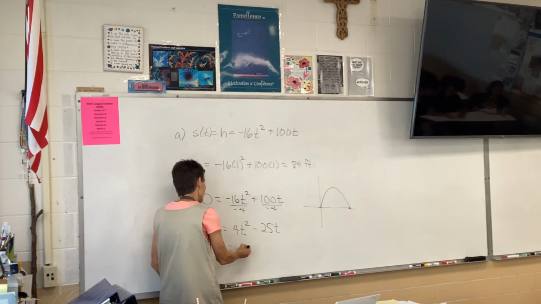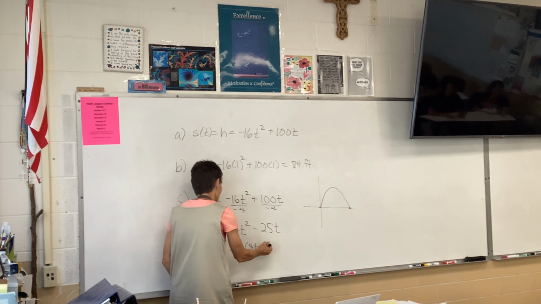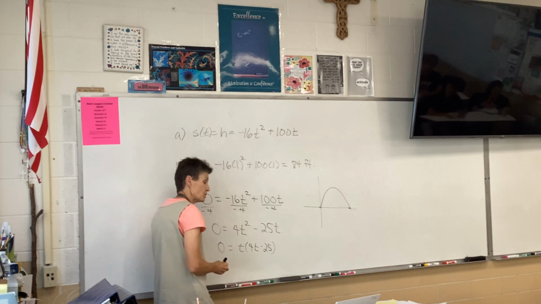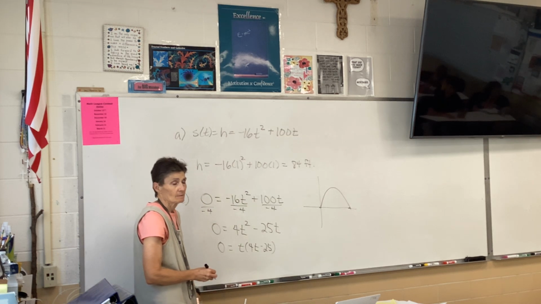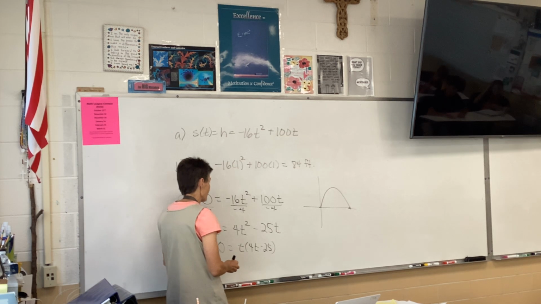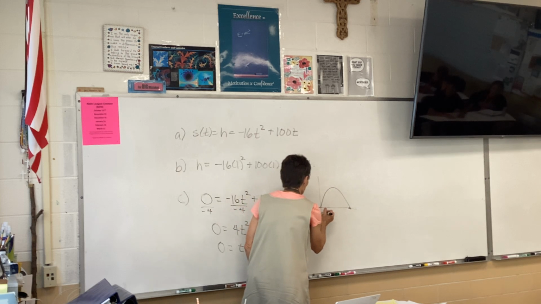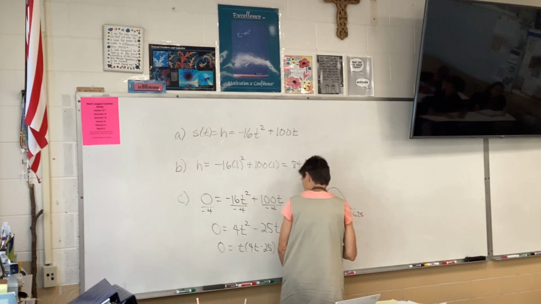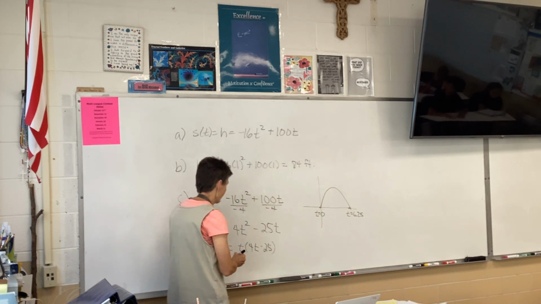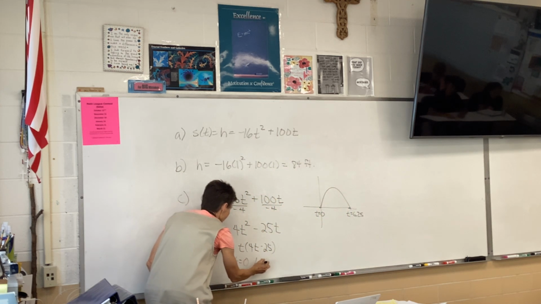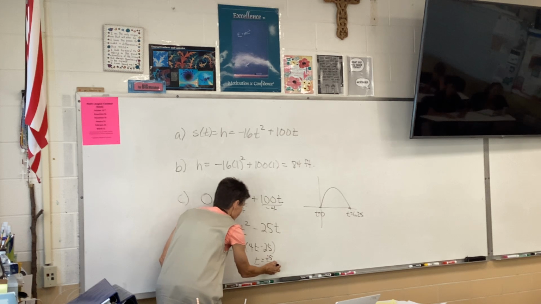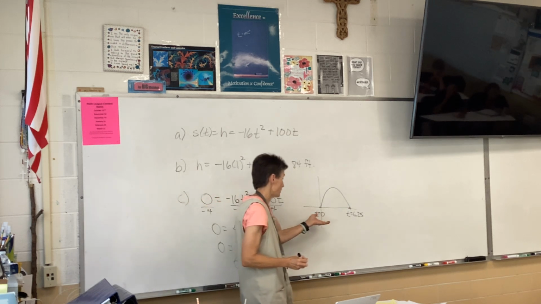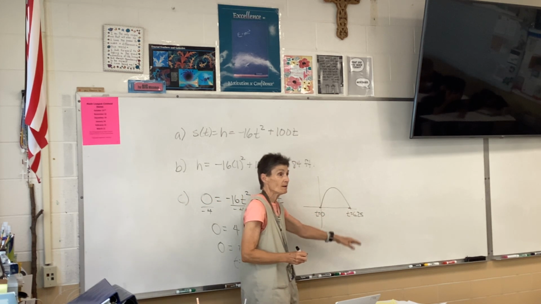This one, you could actually also factor. Take out a GCF. No matter how you do it, you should get 2 answers. And your 2 answers are 0 and then 6.25.